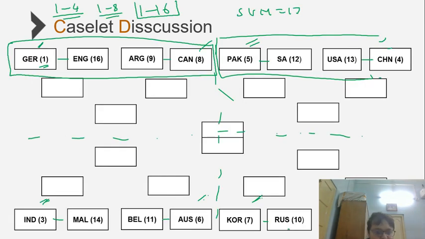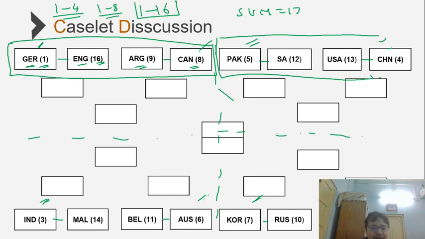So now what you need to do is, with this layout in place, against each ranking, you need to mark the names of the teams based on whatever you read. For example, Germany is ranked 1, so against rank 1, we mark Germany. Against rank 16, we mark England. Against rank 9, Argentina. Against rank 8, Canada, and so on.